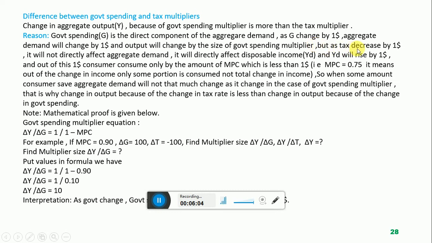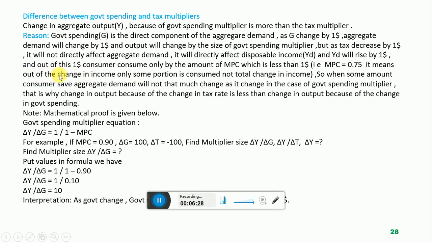But as tax decreases by $1, it will not directly affect aggregate demand of the people of Afghanistan. It will directly affect the disposable income of the people of Afghanistan, and disposable income will increase by $1. Tax decreases by $1, income of the people also increases by $1.